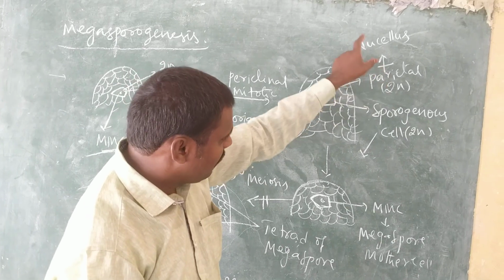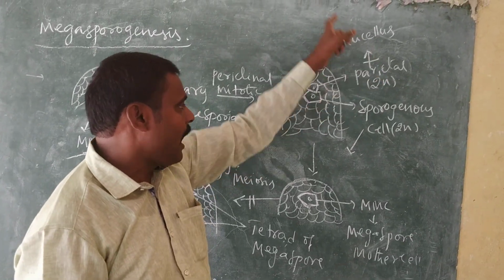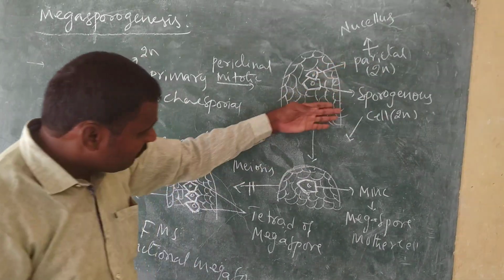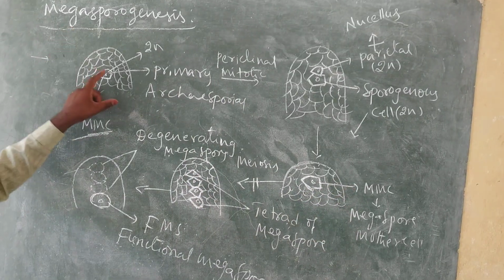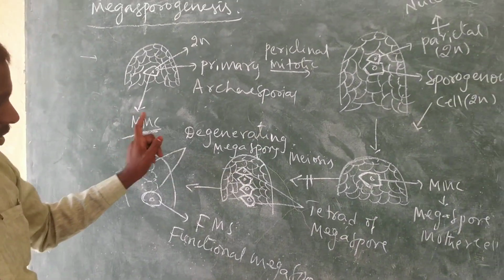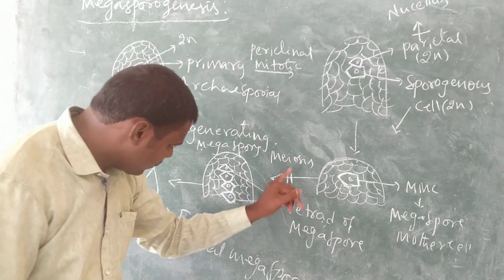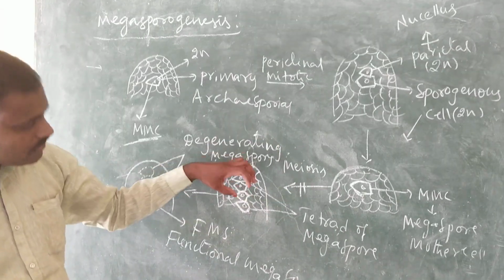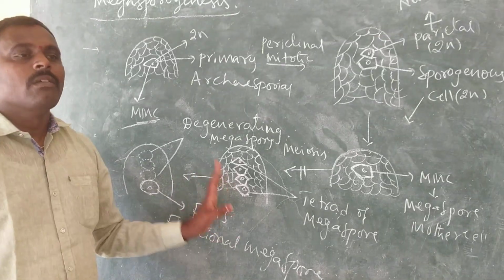The parietal cell undergoes repeated mitotic divisions, adding cells to the nucellus. The sporogenous cell develops into the MMC, though in some angiosperms the primary archisporial cell directly develops into the MMC. The MMC undergoes meiotic division, producing a linear tetrad of megaspores. Among these four, three degenerate and one develops into the functional megaspore.